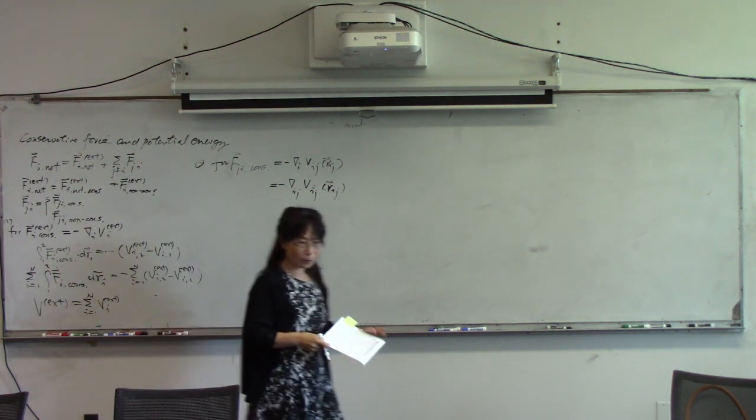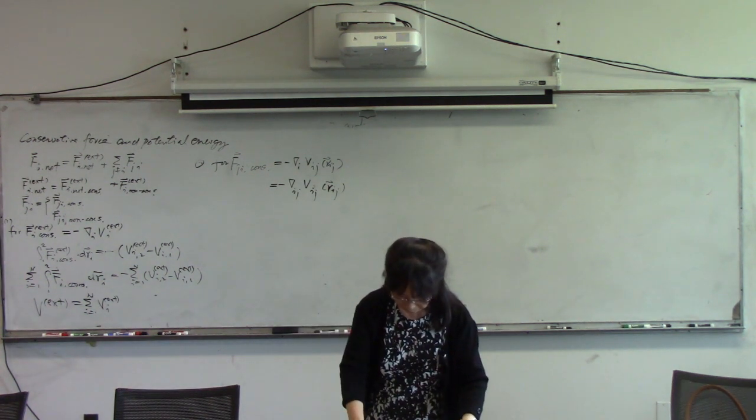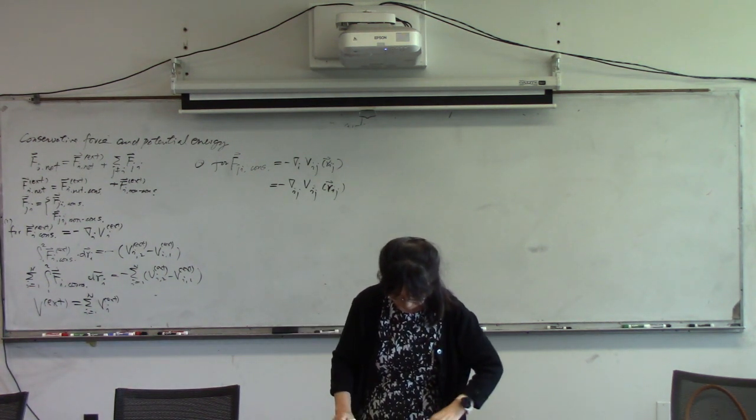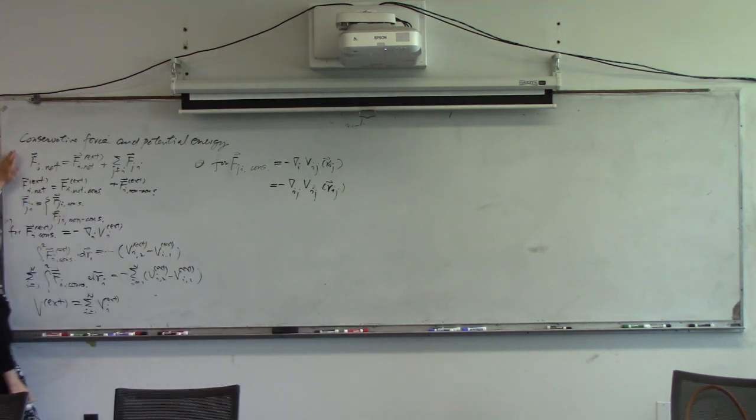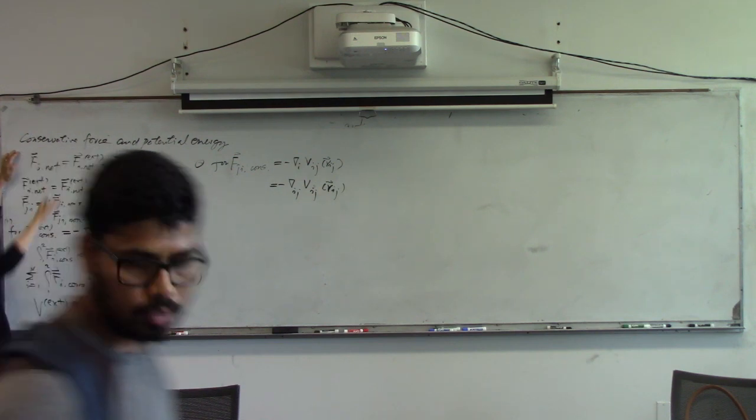I think that is almost the end of the last class. Now we continue. The topic is we consider the conservative force and the potential energy associated with it, right?